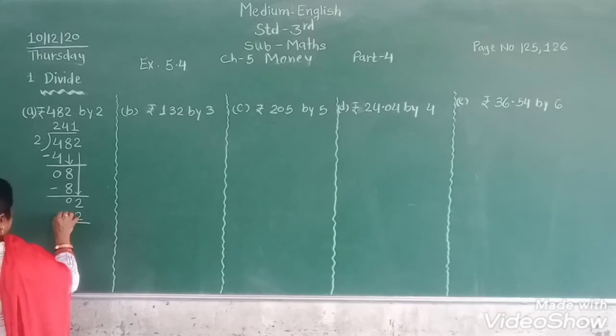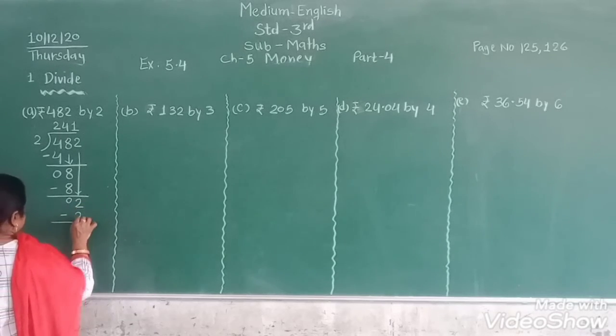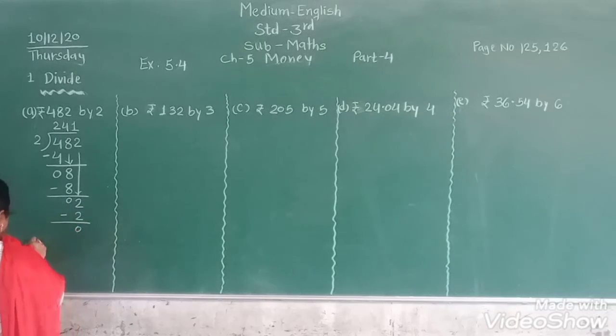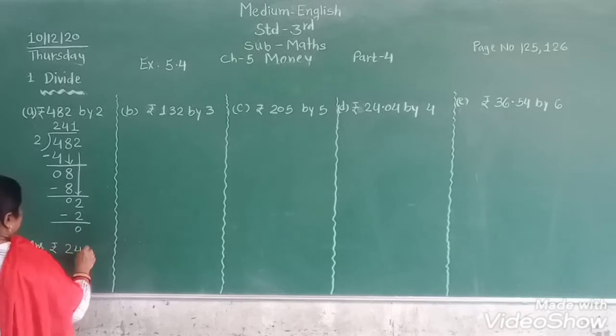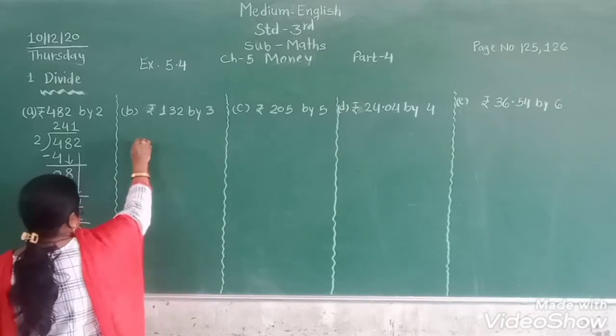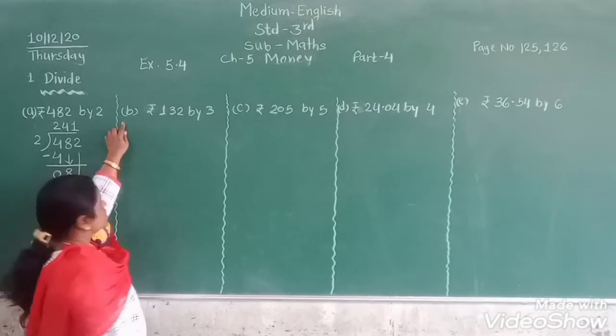Okay. Now we will do subtract. 2 minus 2, 0. So answer is rupees 241.